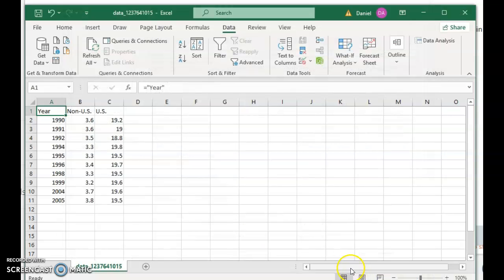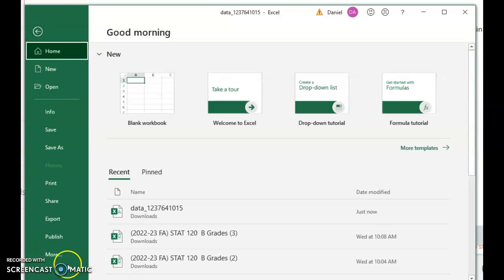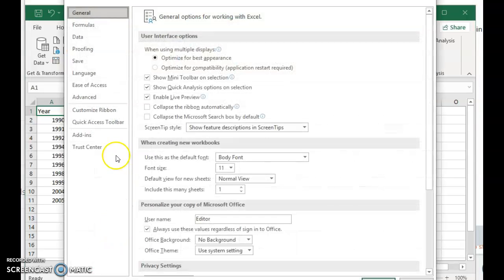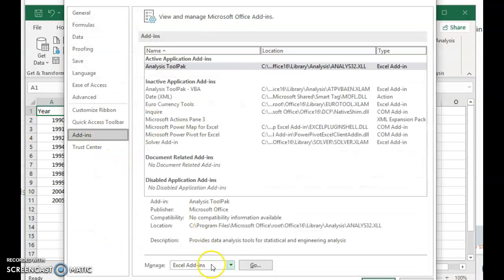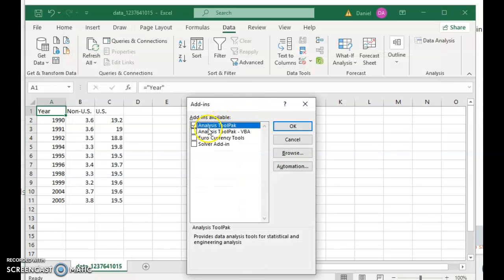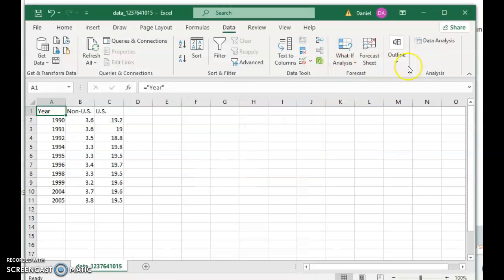Oh, here we go. And Excel add-ins go. Analysis toolpack, and you'll click OK, and then it should show up here.